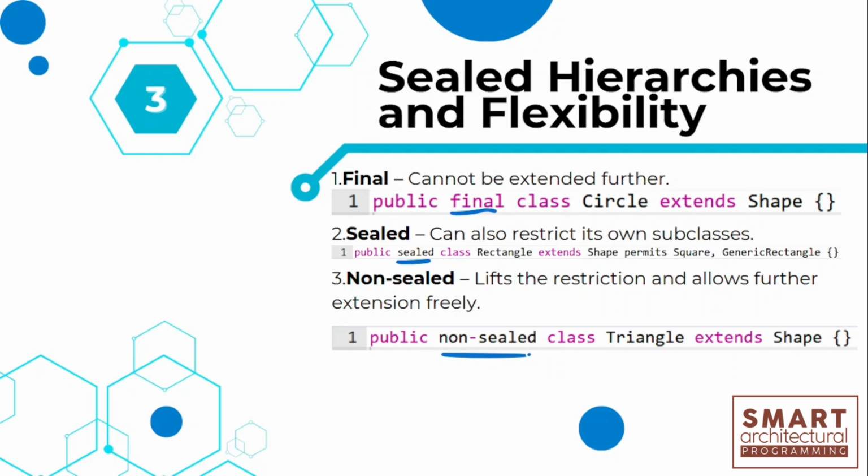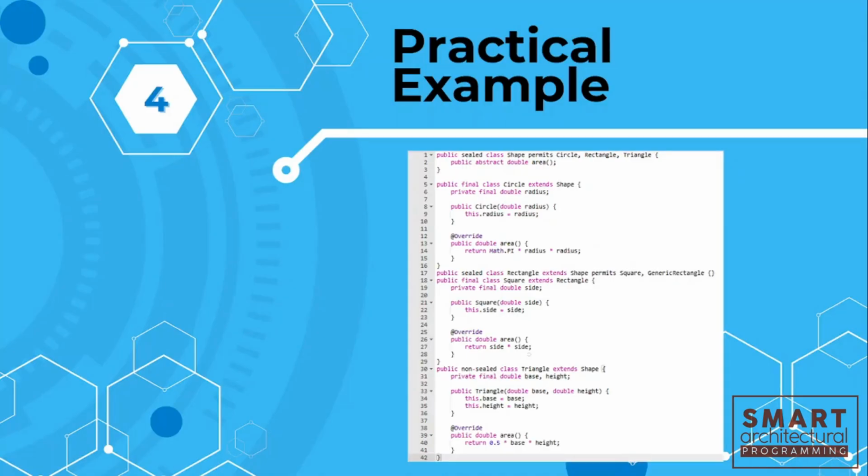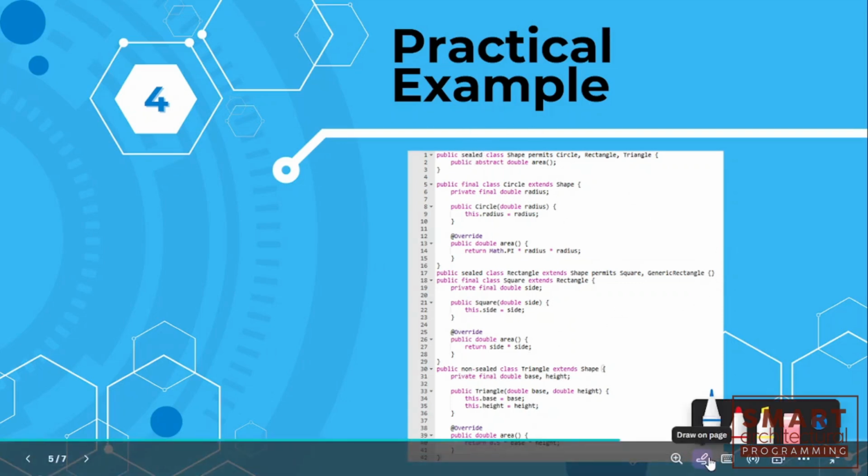So let's put this into action. Here's a practical example where we have a sealed class, Shape, and three implementations: Circle, Rectangle, and Triangle. As you can see, it's a little bit small here because I didn't have much space. I don't have a smaller marker than this, but I think I have a highlighter.